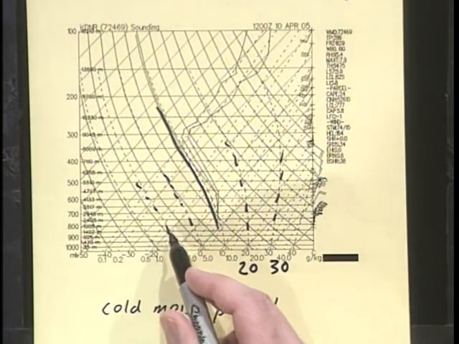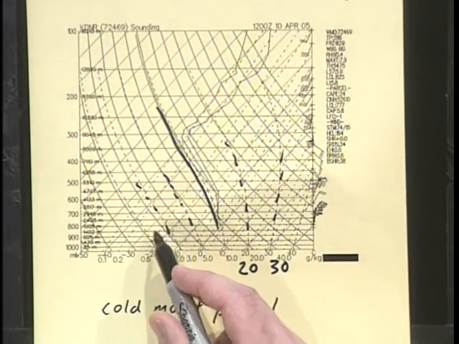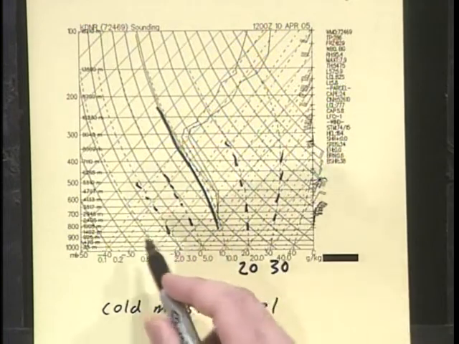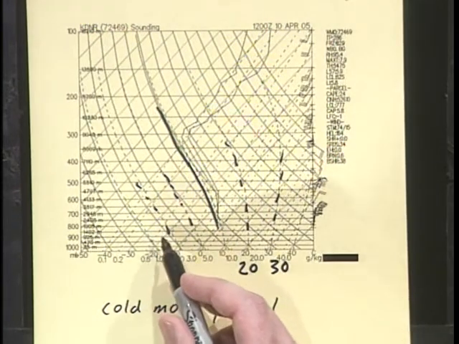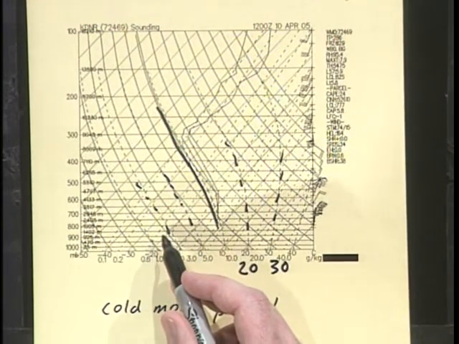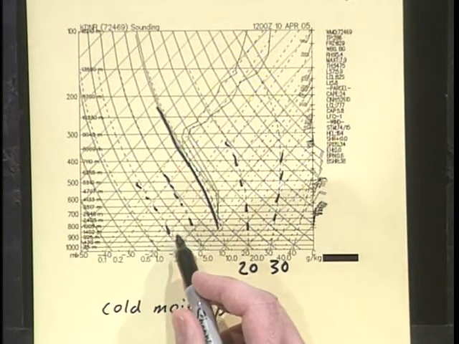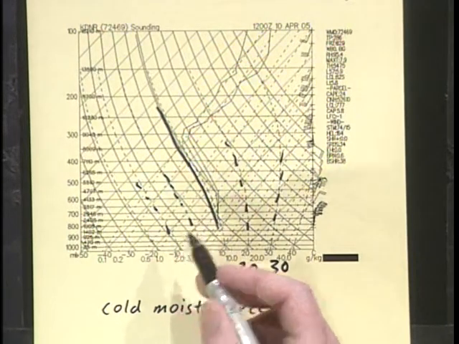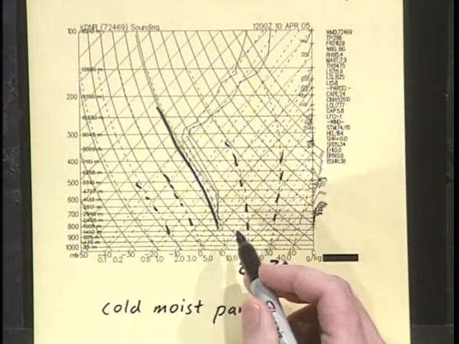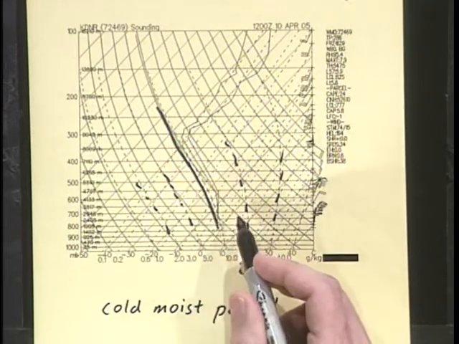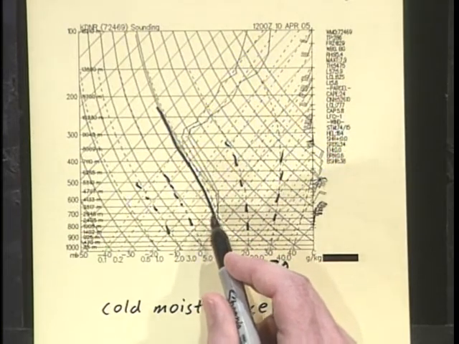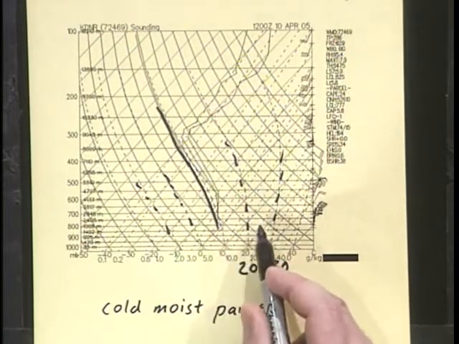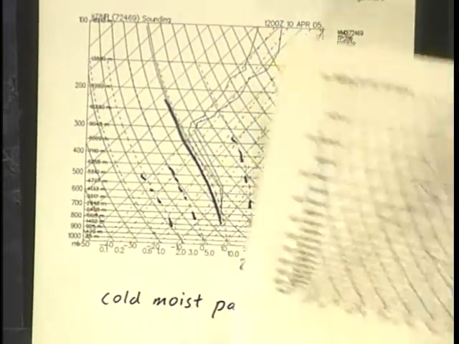The slope is closer to that of the dry adiabats. So you're not releasing as much latent heat when the parcel of air starts off colder. So this parcel of air doesn't have as much of an up and down slope like it would if it started over here. And we'll look at that next.